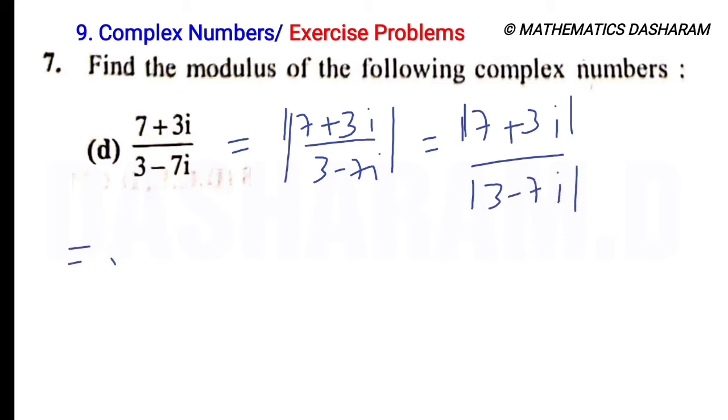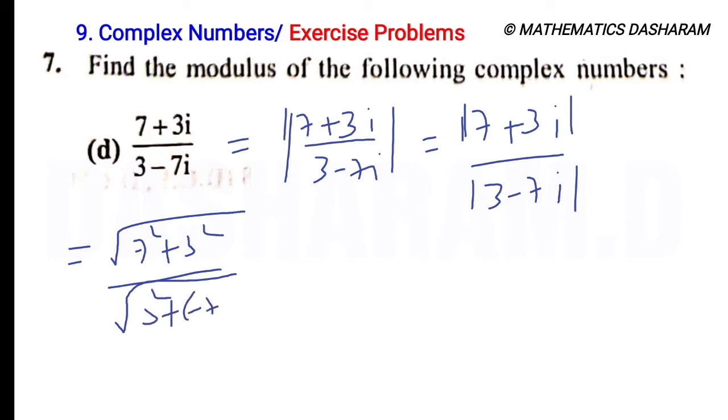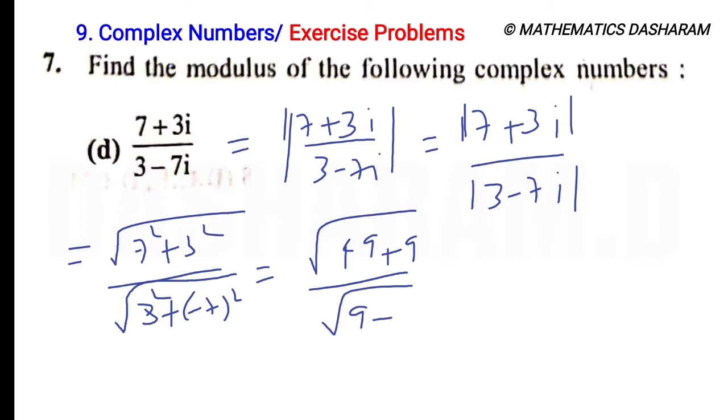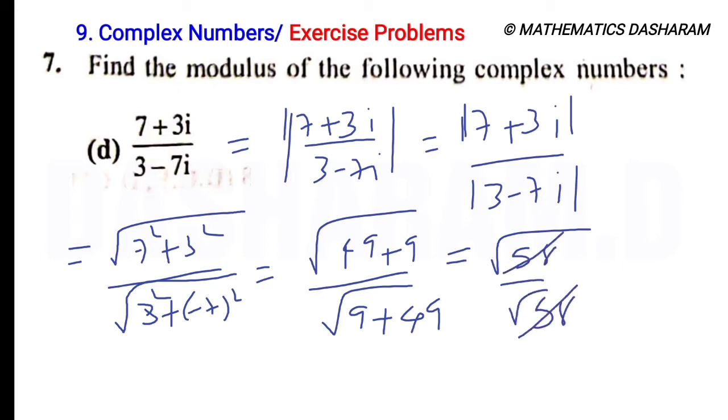So it is equal to under root x square plus y square, 7 square plus 3 square, under root 3 square plus minus 7 whole square. 7 square is 49, 3 square is 9. Here 3 square is 9, minus 7 square is 49. So 49 plus 9 is 58, root 58 by root 58. So both are cancelled, the answer is 1.